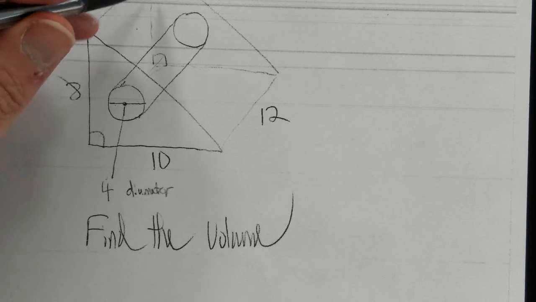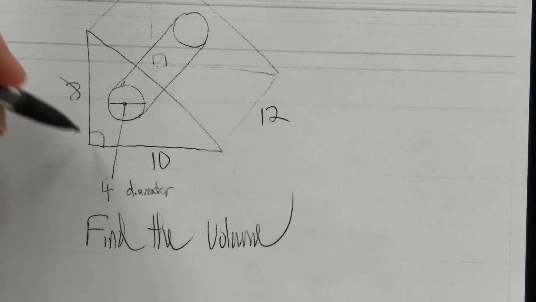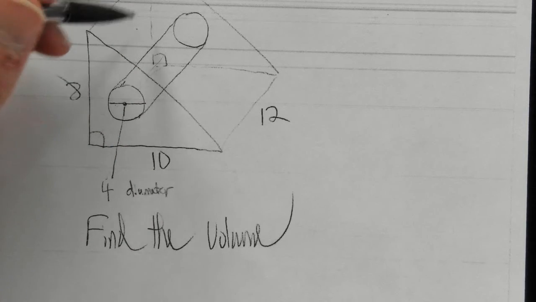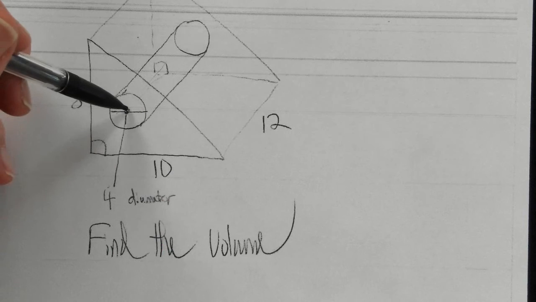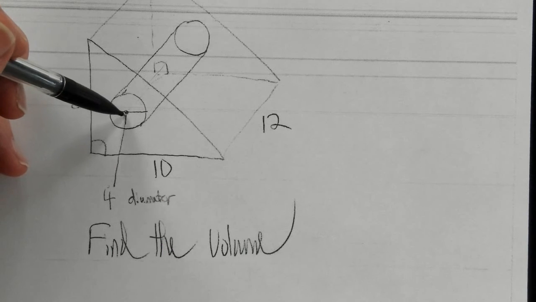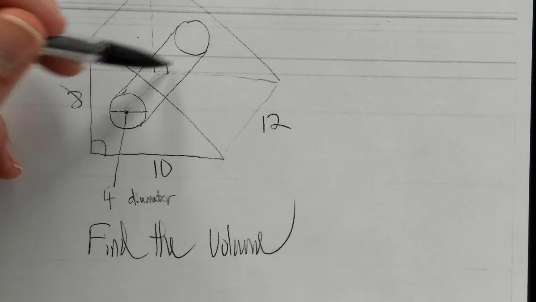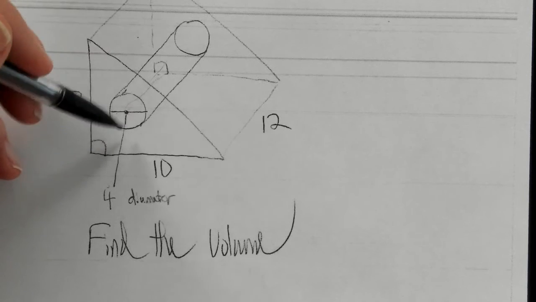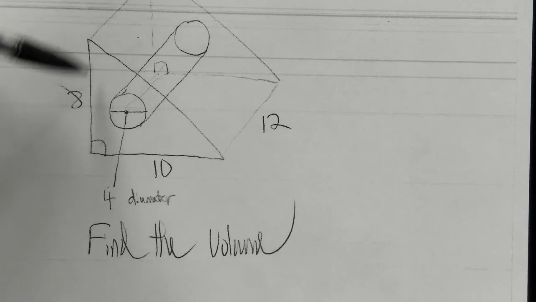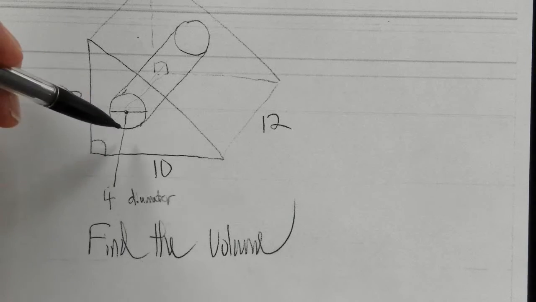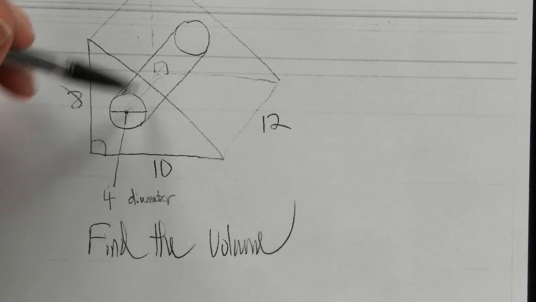So what I need to do is find the volume of the entire prism and subtract off the volume of the empty space, or the hole that's drilled through it. So I'll need to find the volume of the prism minus the volume of the cylindrical hole through the middle of the prism.